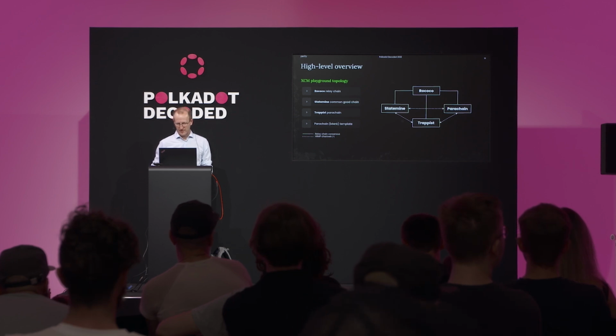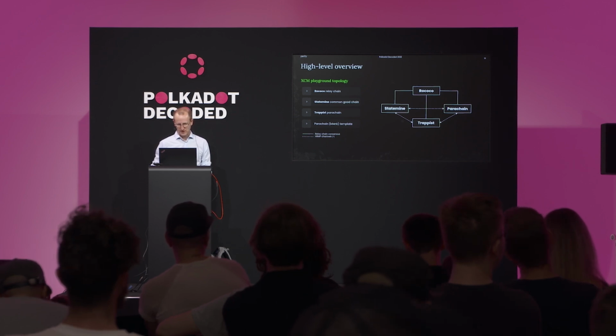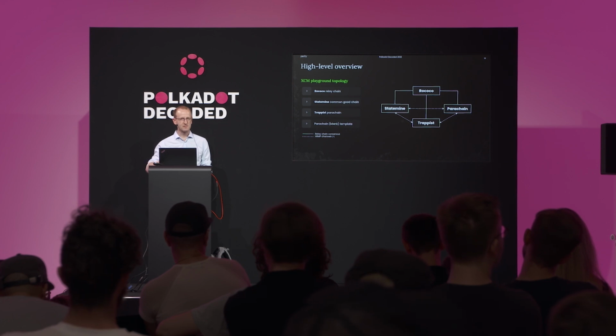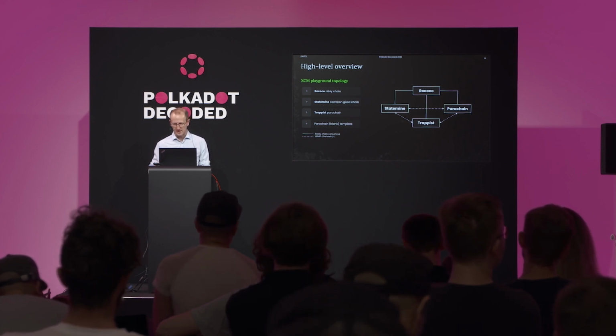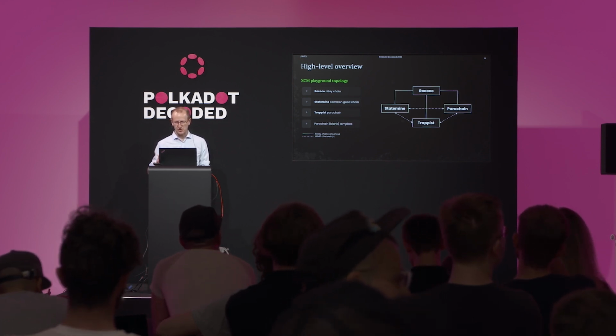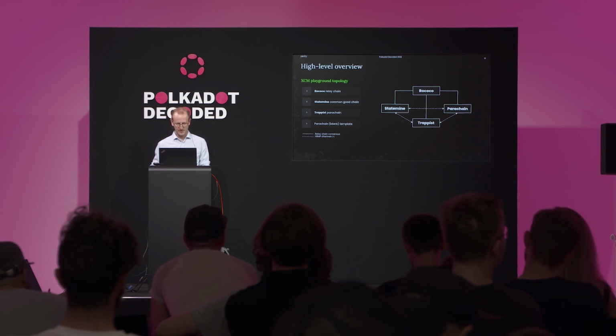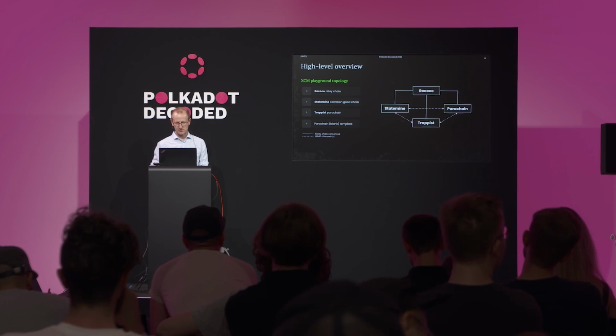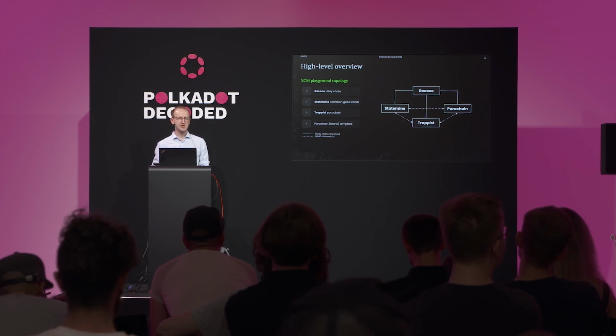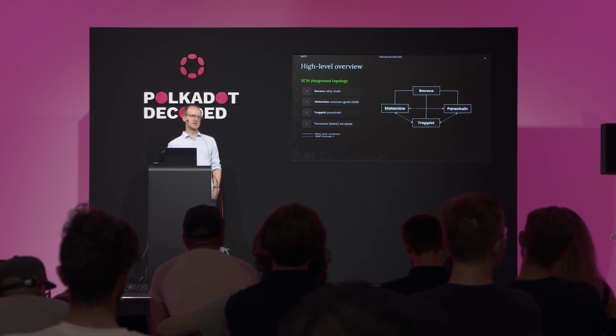Now, a little bit about the setup that I'm using for those demos. I will basically be using the Rococo relay chain running on my laptop and 3 parachains. So there is StateMine. StateMine is what we call a common good chain.